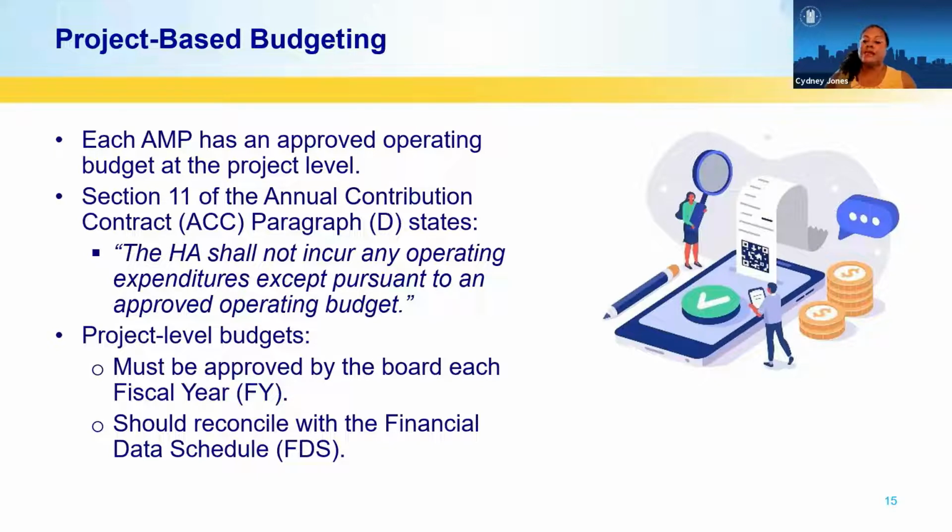So Section 11 of that ACC, or annual contributions contract that Margaret was mentioning, paragraph D states that the HA, Housing Authority, shall not incur any operating expenditures except pursuant to an approved operating budget. So what that means is you have to have a project expense level budget, or something we call a PEL.